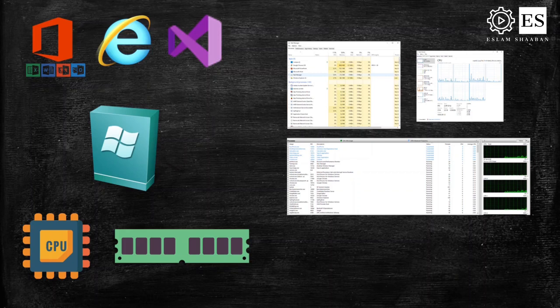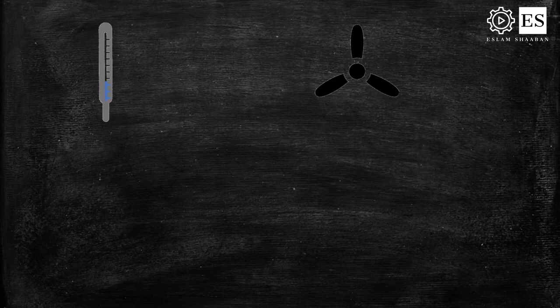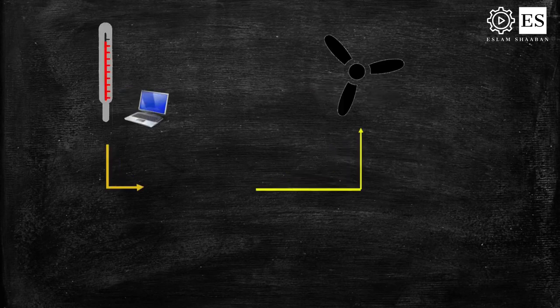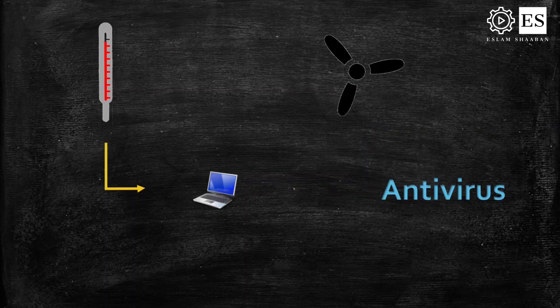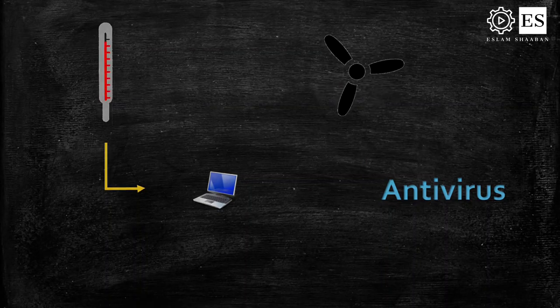If you're wondering why, let's assume a hypothetical scenario where you're controlling a fan corresponding to a temperature transmitter, and a start command from the controller to the fan gets interrupted because the antivirus application wants to run. Of course, you and your automated system will not like this kind of interruption.